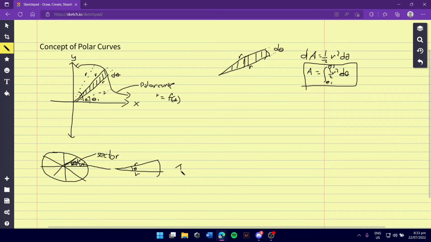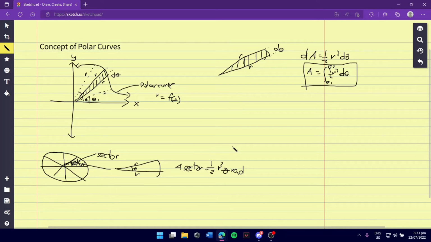So the area of a sector is equals to 1/2 r squared theta. This theta is in radian form. Like that. Sorry for the messy handwriting.